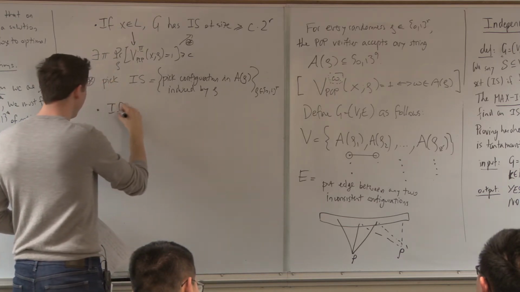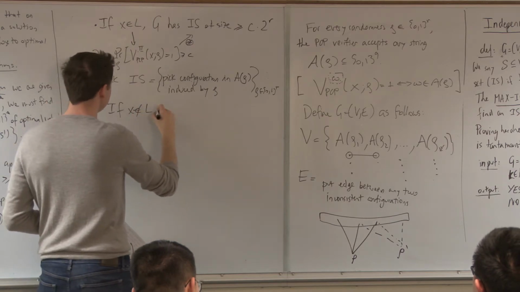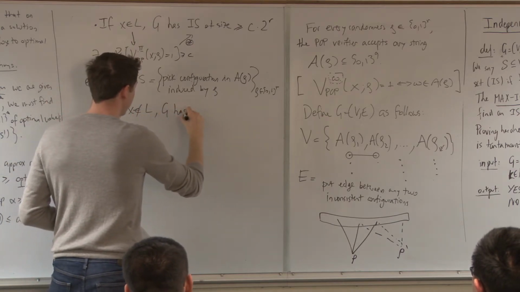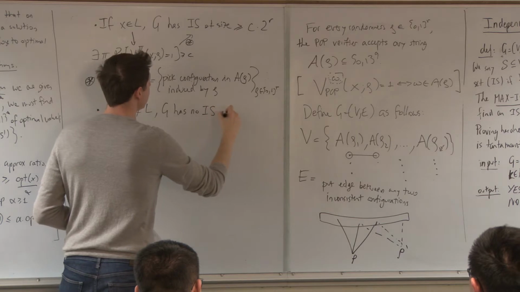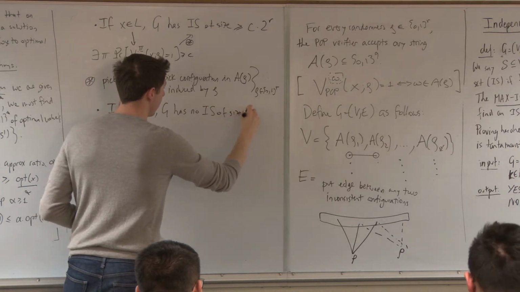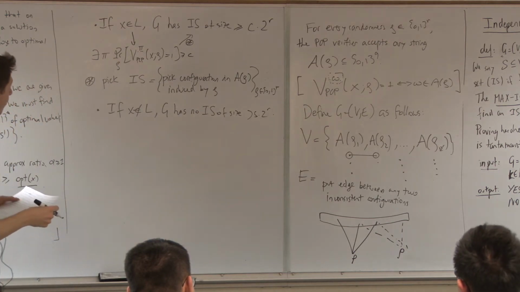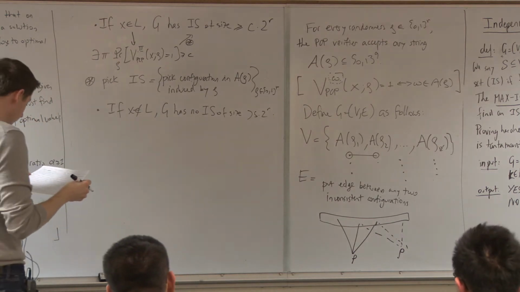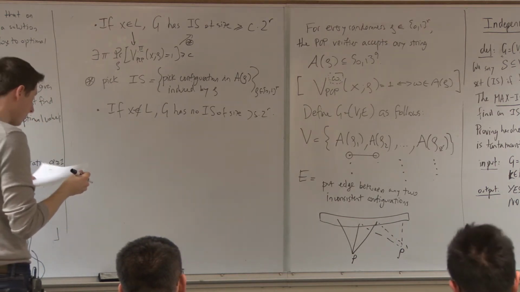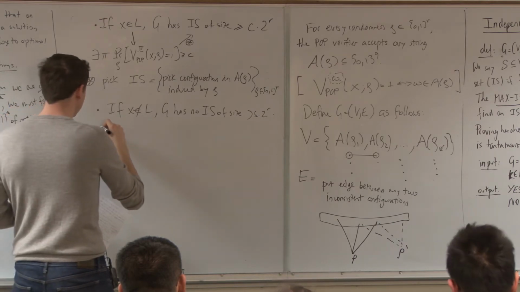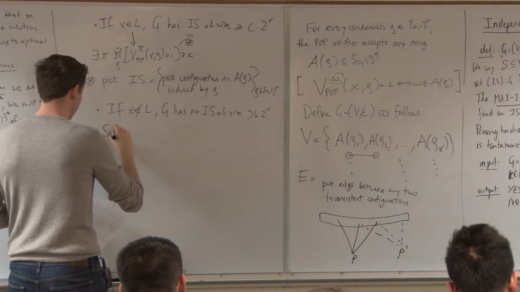Now I want to say that if X is not in L, then G has no independent set of size greater than S times 2 to the R. Okay? Well, these kinds of things are easier to do by contradiction.